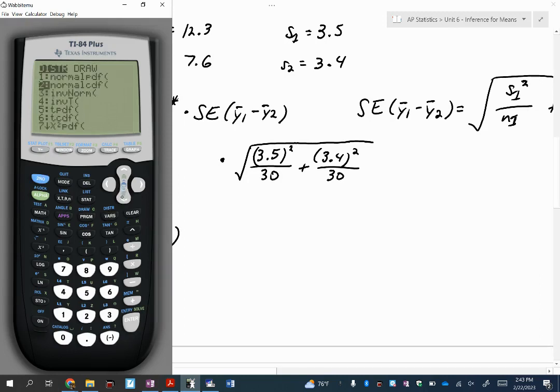2nd VARS and go down to inverse T. So 2nd VARS, inverse T, the area is 0.025, and the degrees of freedom, I think, was 57.951. Again, I'm rounding. If you want a more accurate t-star, you can keep going. I'm not worried about it.